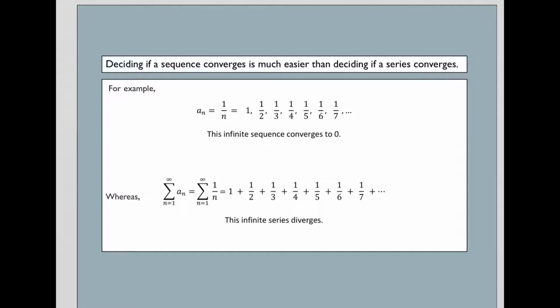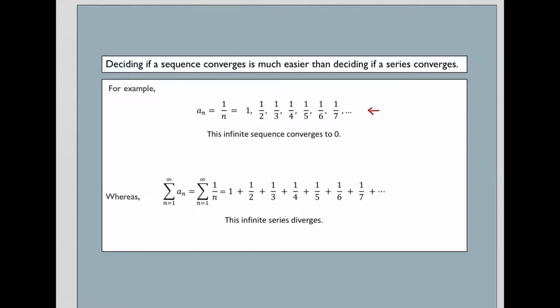Now, remember, sequences and series are very different, and so the way that we tell if a sequence converges is different than how we tell if a series converges. In fact, deciding if a sequence converges is much easier than deciding if a series converges. So let's take a look at this example. The same sequence we were talking about before, a sub n equals 1 over n, where n goes from 1 to infinity.